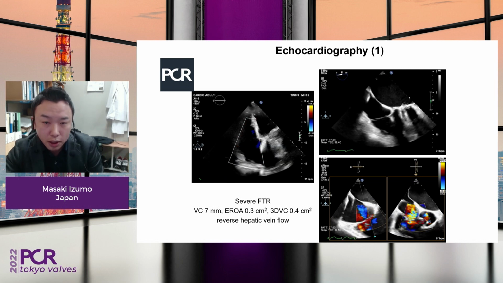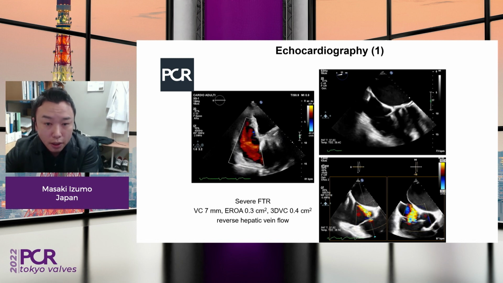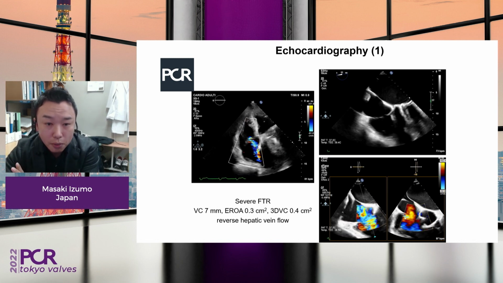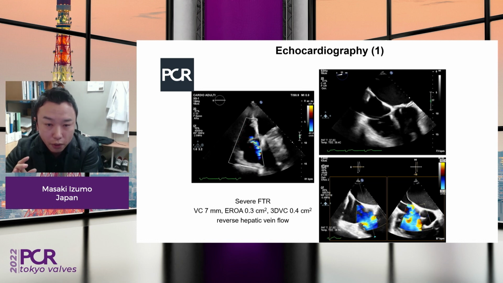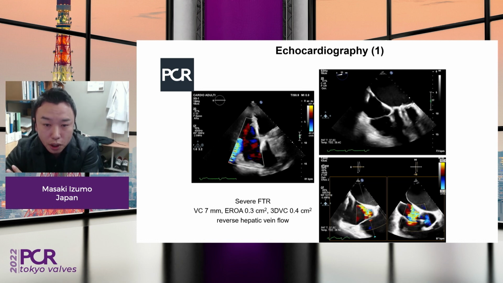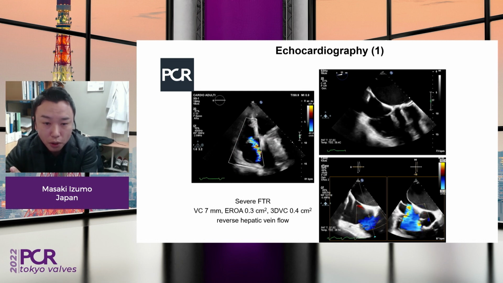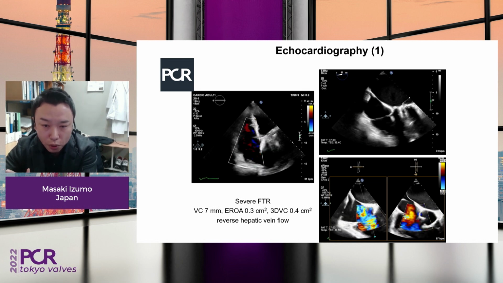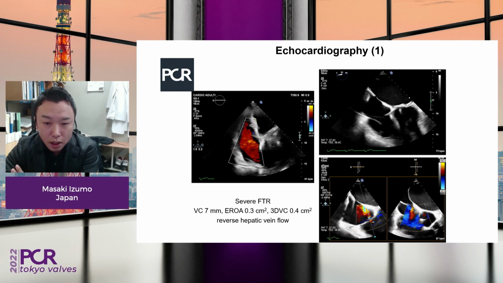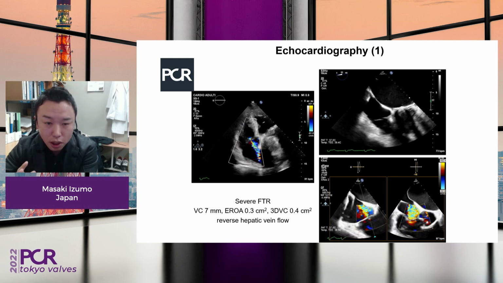Before the video, this image shows the full leaflet. And the posterior leaflet might be separated, and the regurgitant jet was located not only in the lateral position but also in the anterior and posterior leaflet position. And then I think this case is not an easy case.